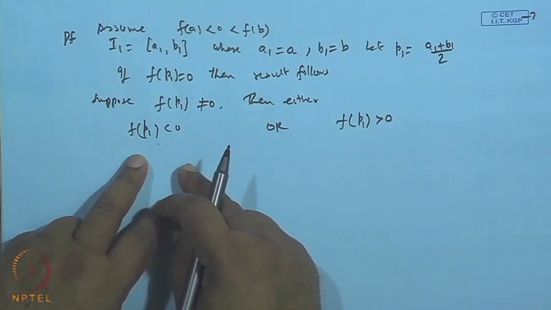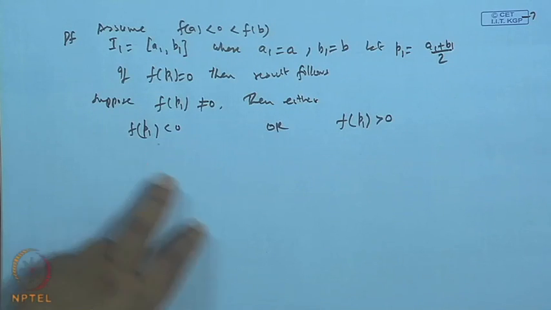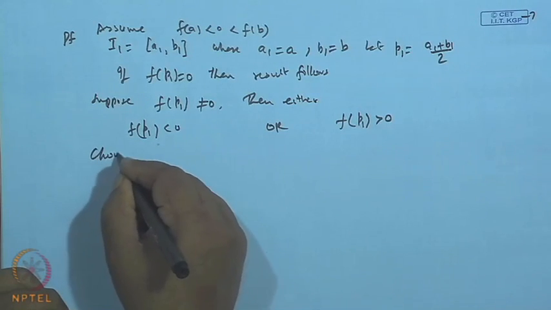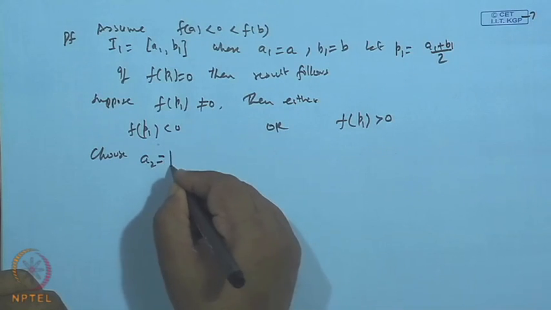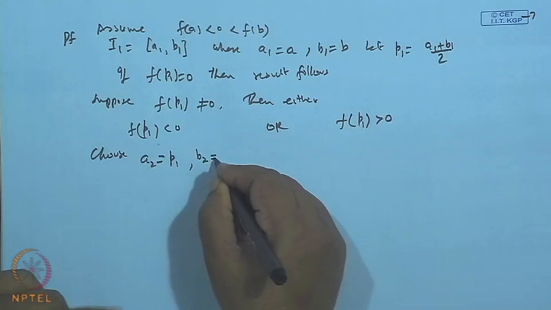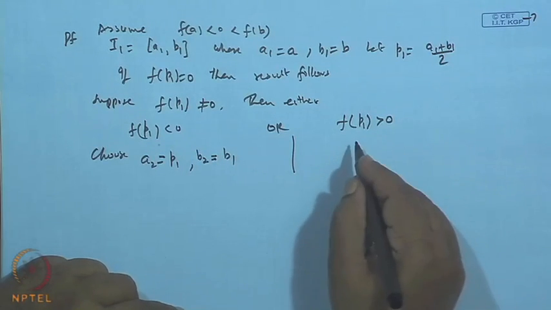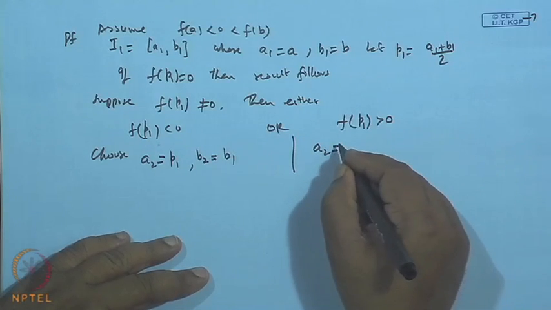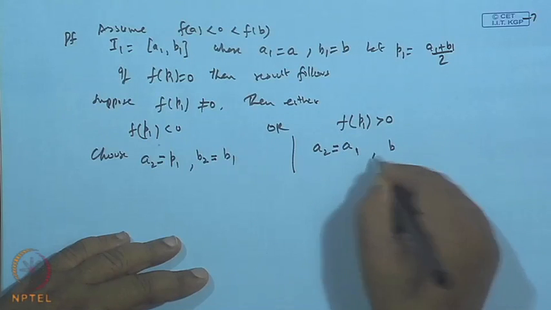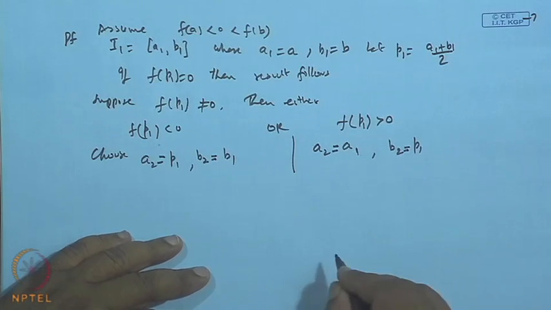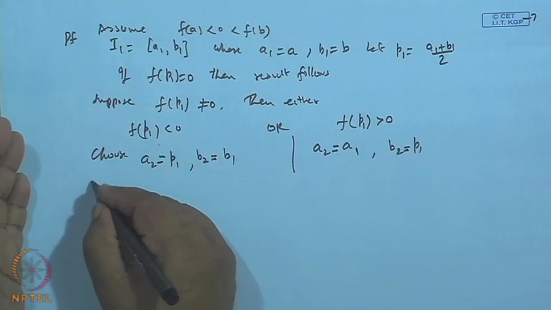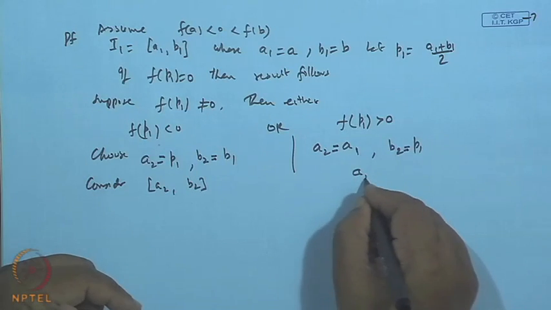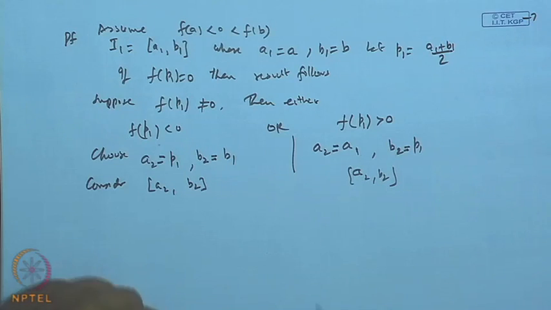If f of P1 is negative, then in that case we take A2 as our P1, B2 as our B1, and in case this is positive, then take A2 as our A1, while B2 is our P1, and consider the interval A2 B2 like this.